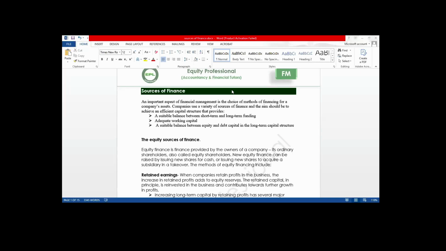The reason why companies use a variety of finance sources is to achieve an efficient capital structure.